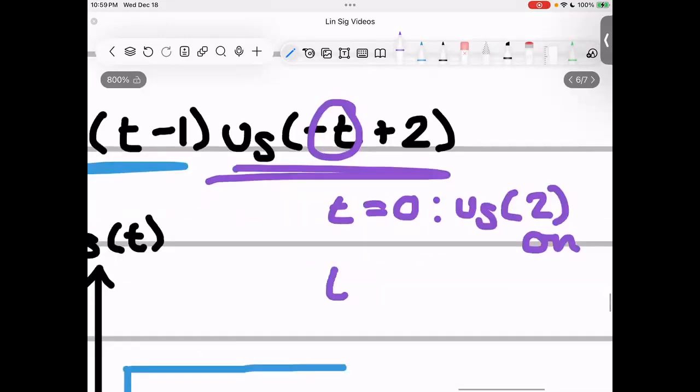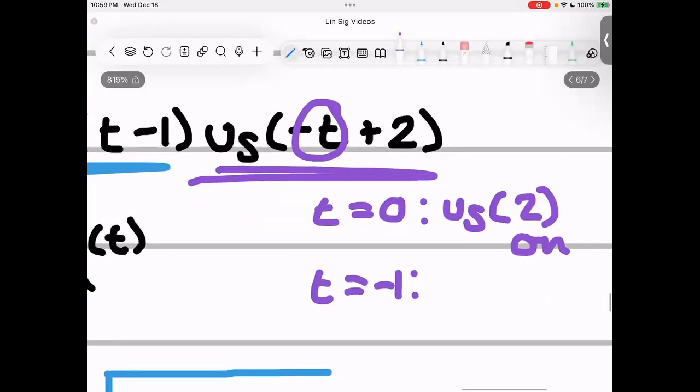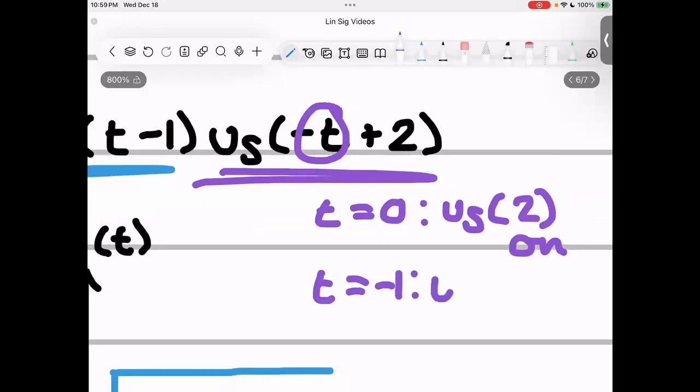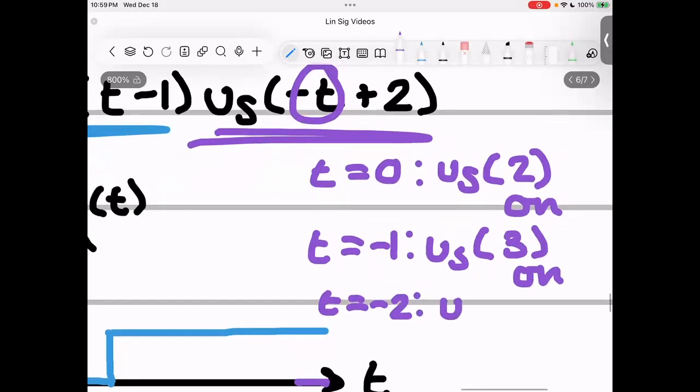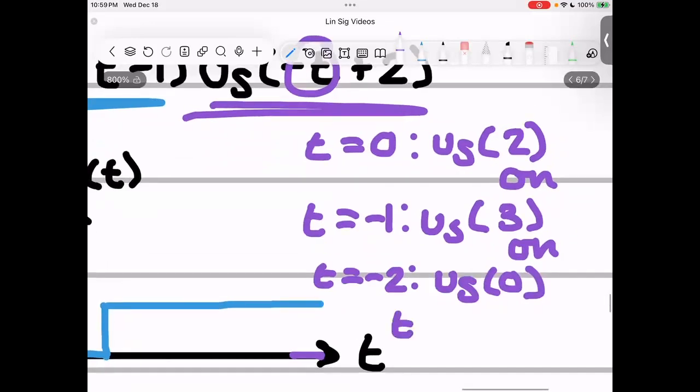If we have t equals negative 1, so we're going the opposite direction, we're going to have unit step of negative negative 1, which is 1, plus 2, of 3, so it's going to be on. If t is negative 2, we're going to get unit step of 4, so it's going to be on.